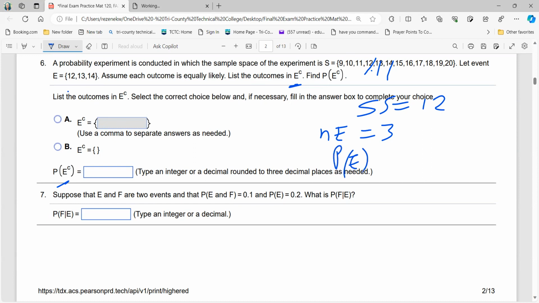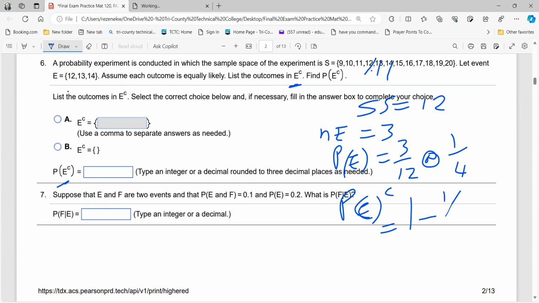Probability of E is equal to 3/12, or 1/4. Then P(E complement) is 1 minus 1/4, which is the same as 3/4.